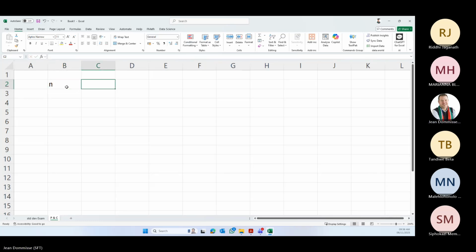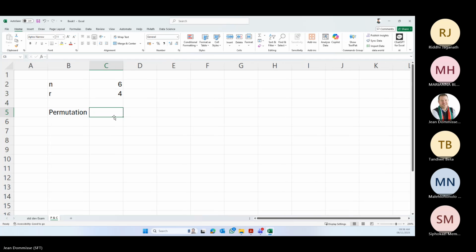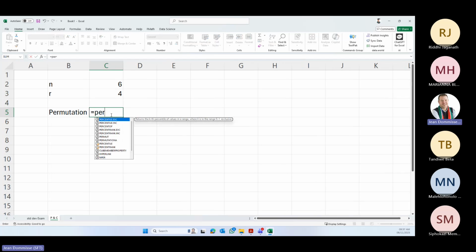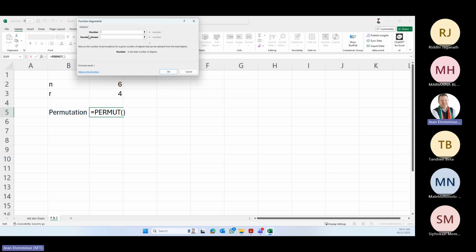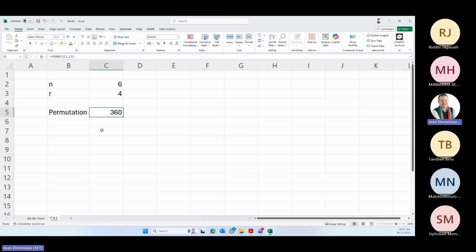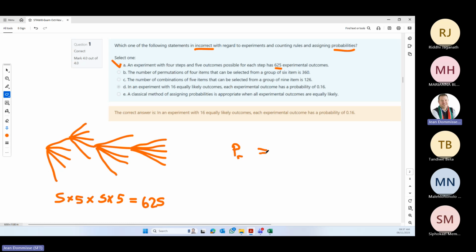So permutation, there is a function for that. Okay, permutation, number is the total number of objects. Number chosen 4. The permutation is 360.